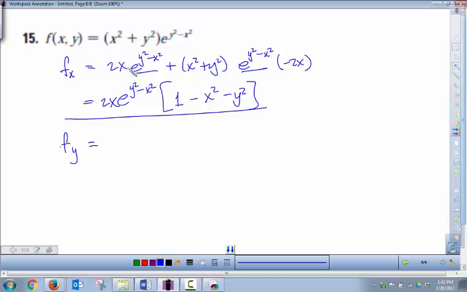So the next one, probably going to get something similar. Yeah, but everything will be positive. Square x is 1. So let's do it carefully.